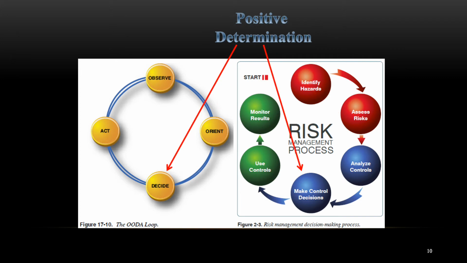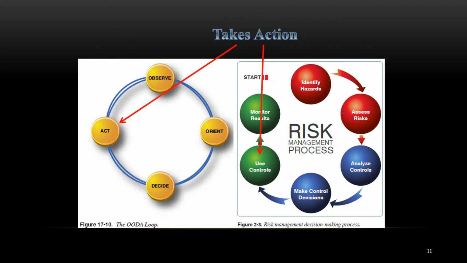A positive determination, we come to a decision on what we're going to do. We act on that decision, and then we go back to monitoring the results, back to situational awareness. It goes around and around, and that's what all of these models have in common. We don't just go through them once, we come back to the beginning and we continue to monitor the situation.